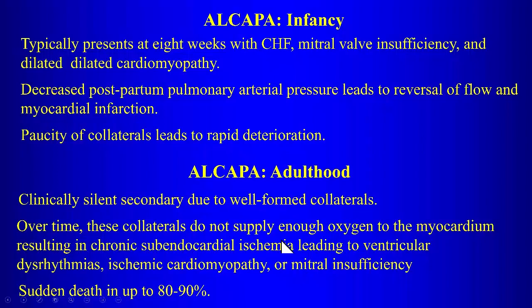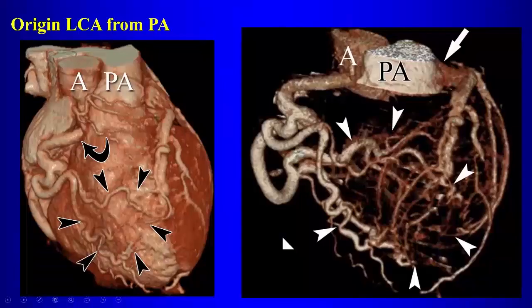So over time, the collaterals can't keep up with the oxygen demand, and so patients can develop arrhythmias, ischemic cardiomyopathy, mitral insufficiency as the heart dilates, and it's also associated with sudden death. Okay? So left coronary artery from pulmonary artery.